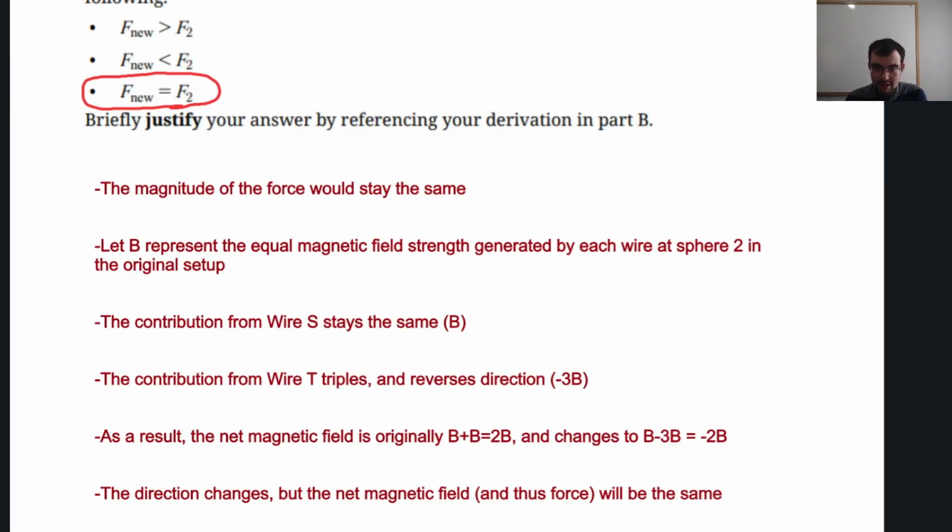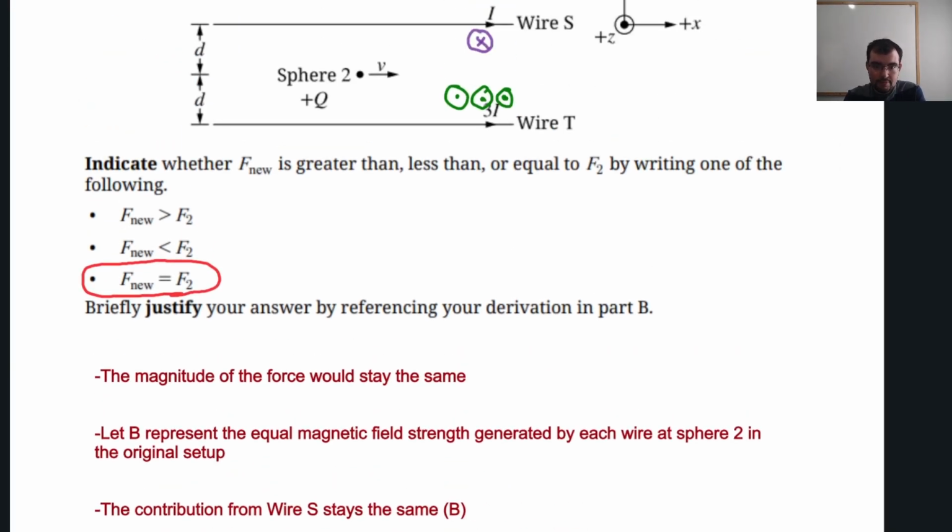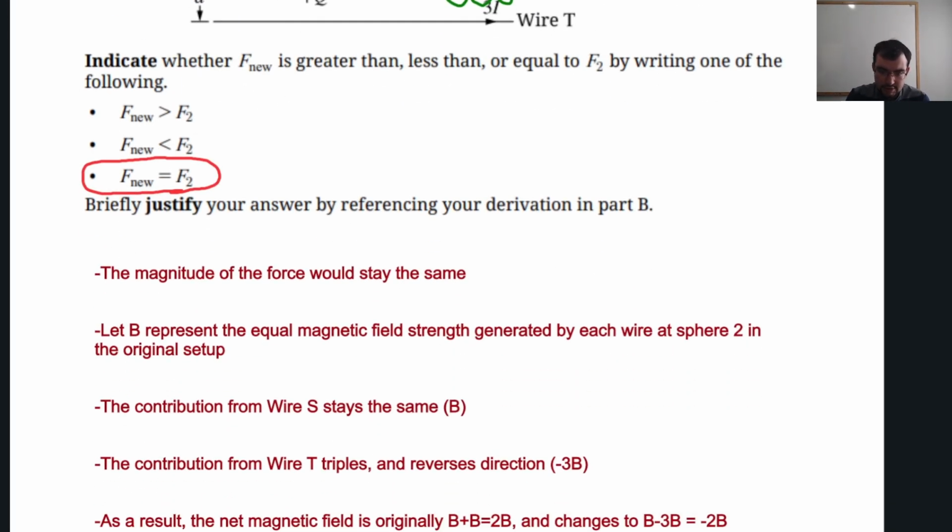So it was originally the same B. So from wire S, we still have that same B field, but from wire T, you triple it and flip its direction. So you essentially go from a 2B in one direction to a -2B, meaning the direction flips. So the direction changed, but the net magnetic field magnitude did not, so the force is the same. So pretty interesting choice there.